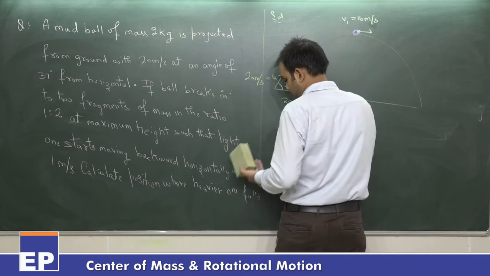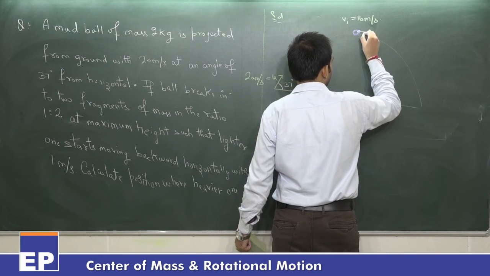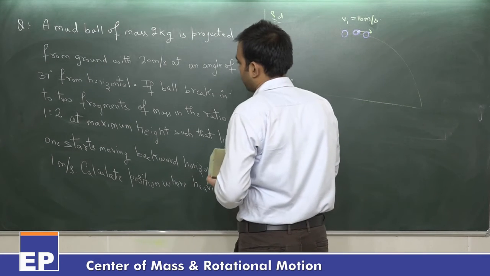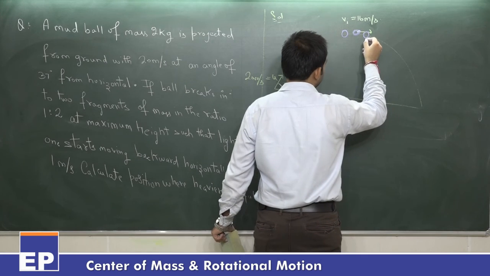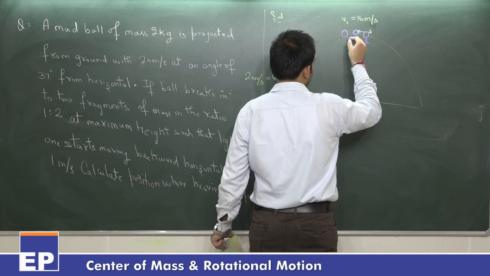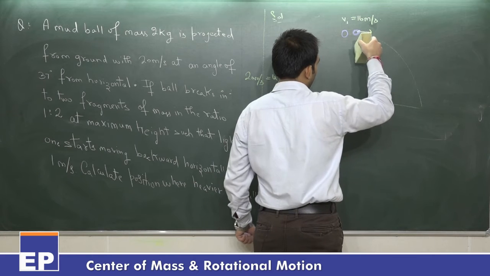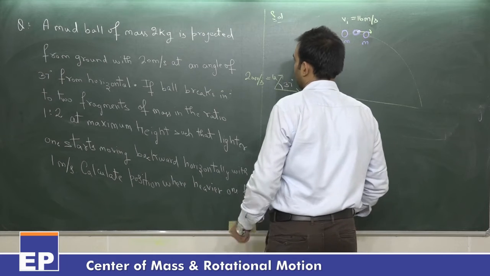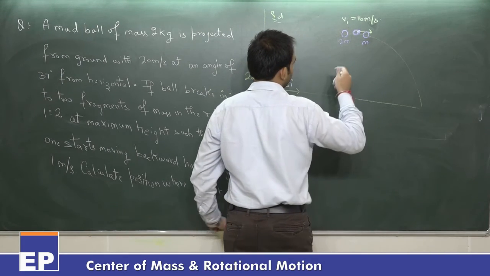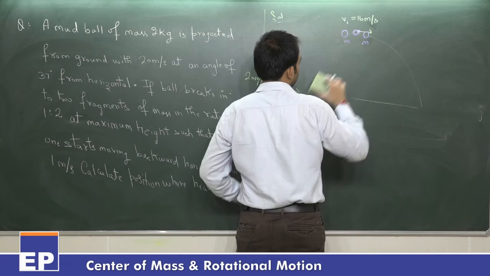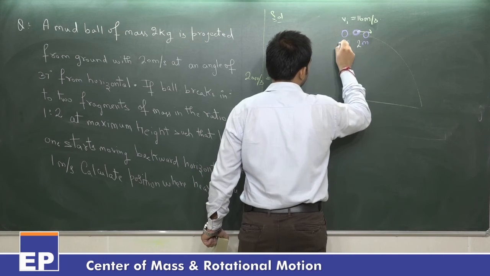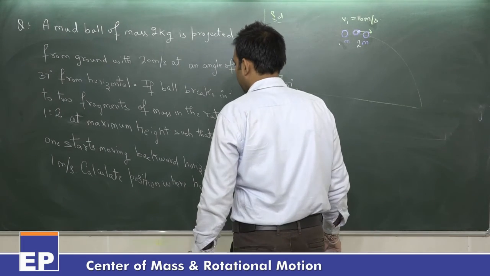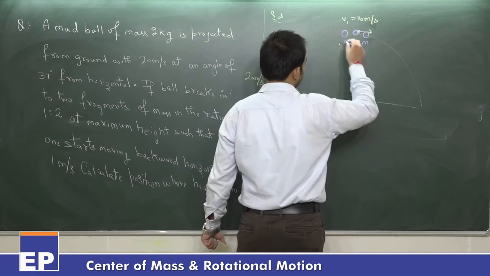The masses are in the ratio 1:2, meaning this is m and this is 2m, and the lighter one will start moving backward. 2m, this is m. With how much velocity do they move backward? With 1 meter per second.